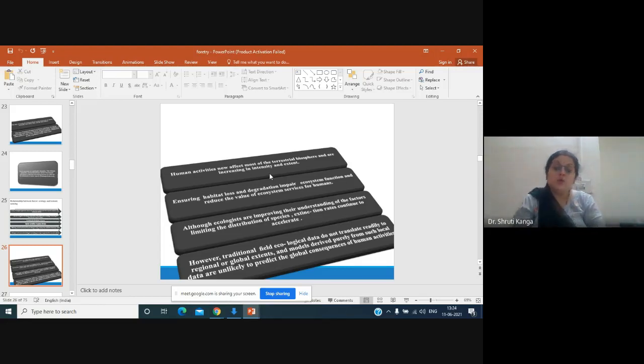Although ecologists are improving their understanding of the factors limiting the distribution of species, extinction rates continue to accelerate. With the help of these tools, researchers are finding out the areas where extinction of various animals is taking place, and what preventive measures can be used.